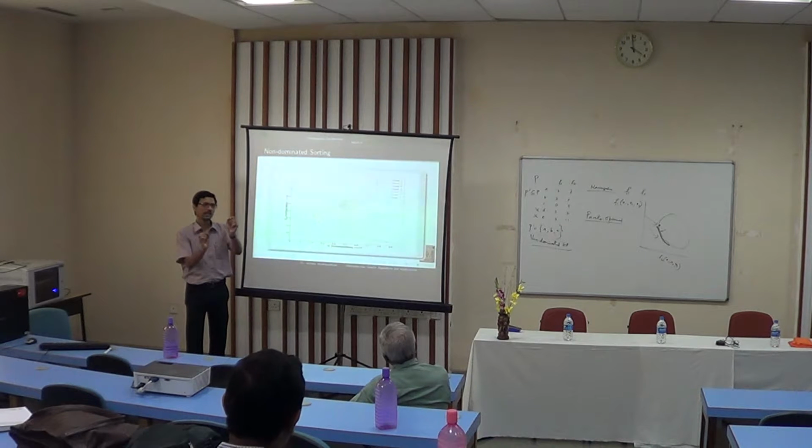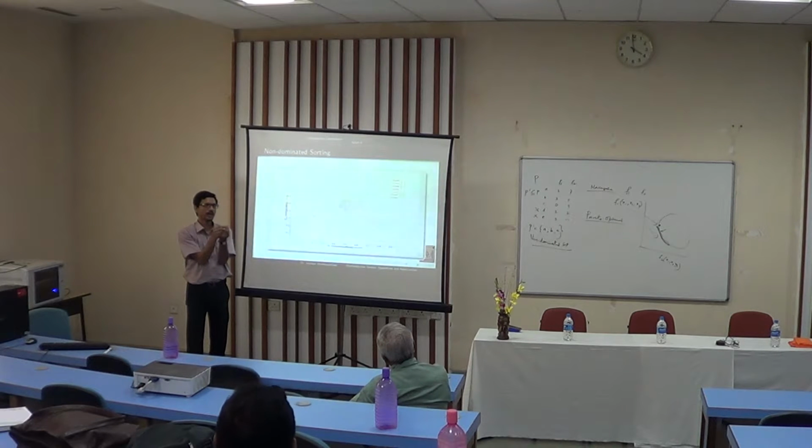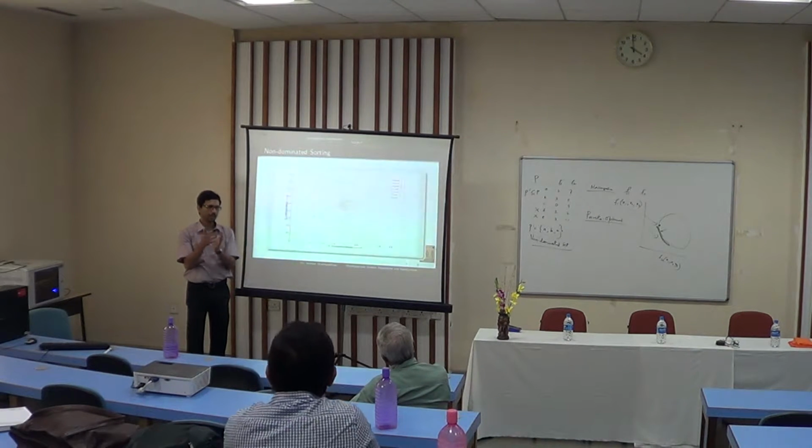The problem begins when they come from the same rank. Which solution should be chosen? In the first version of NSGA, when the solutions came from the same rank, they chose a random solution from that group. But NSGA2 has a better approach.